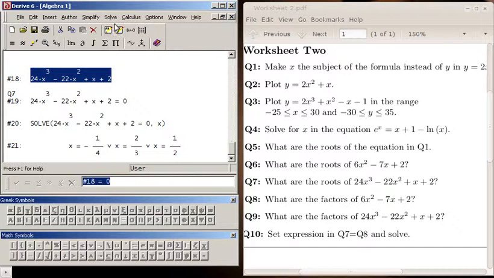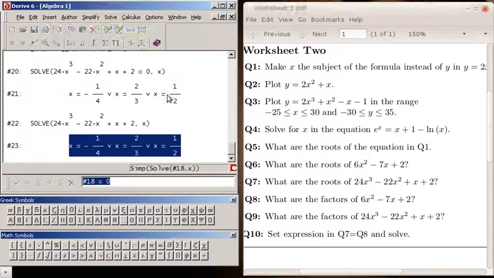If I try to solve this, Derive will automatically make it equal to 0. So I get the same answer. So that's interesting too for you. If you want to do it a little quicker, you don't have to go to the trouble of saying equal 0. Derive will assume that it's equal to 0 if you don't type it equal to anything and you try to solve it. Okay, question 8 now.